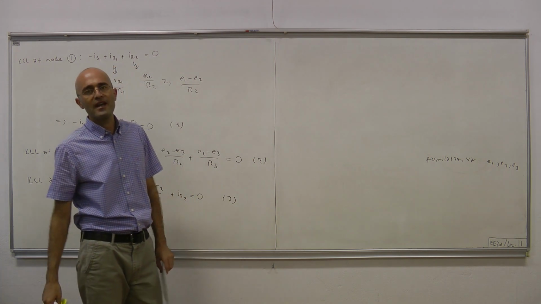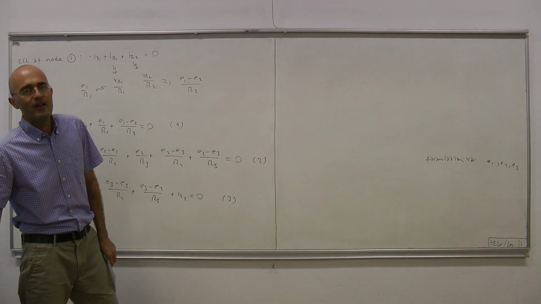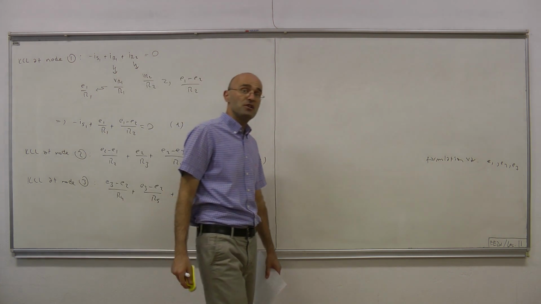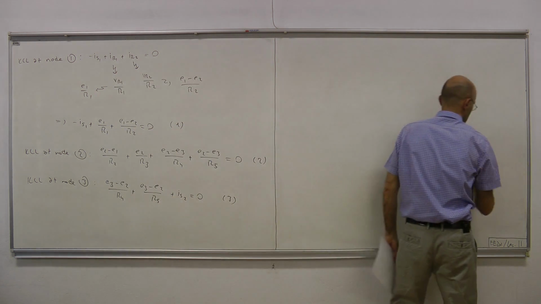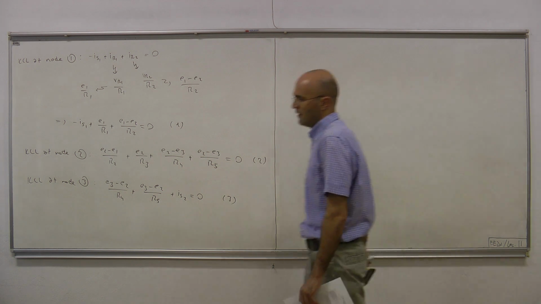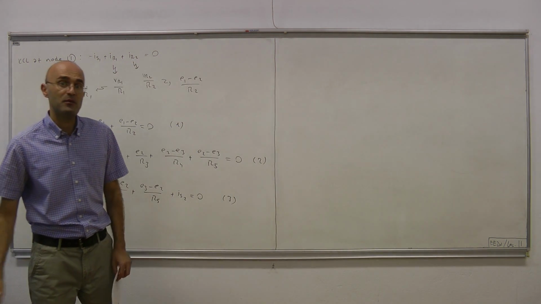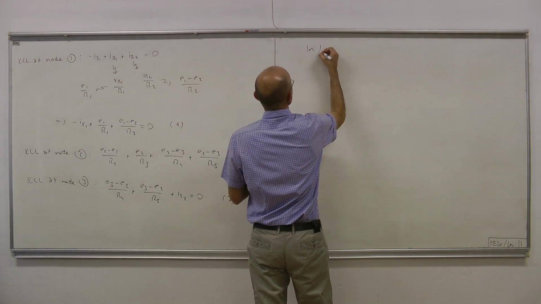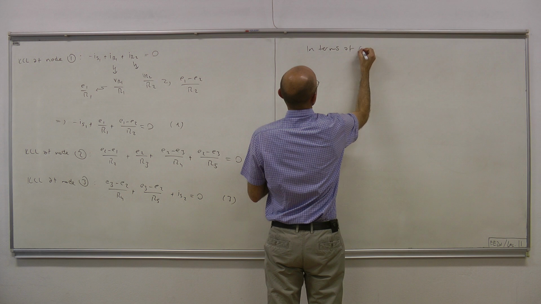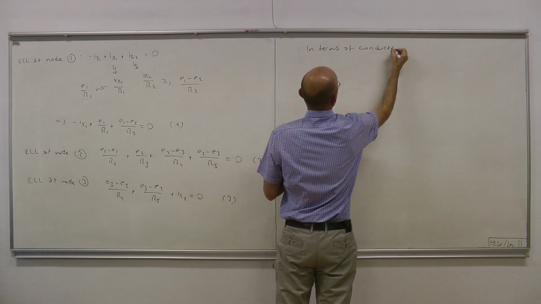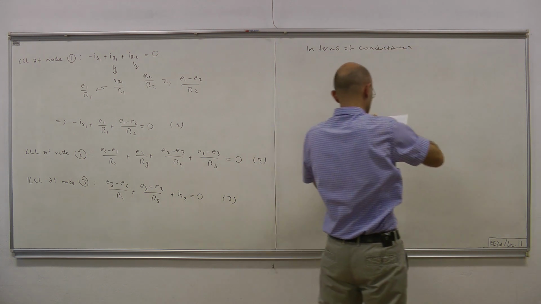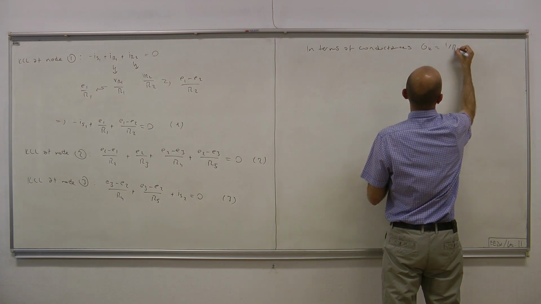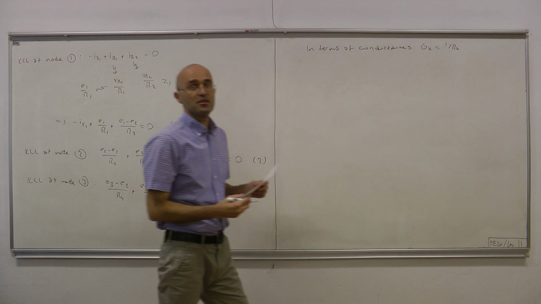In that case we have to take help from the computer, and computers like matrices, and therefore we want to express our equations in matrix form. In terms of conductances of the resistors, GK, and GK is 1 over the kth resistance.